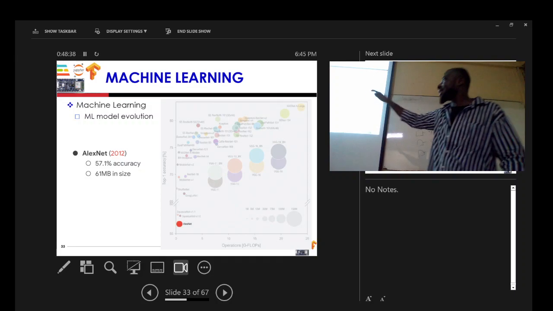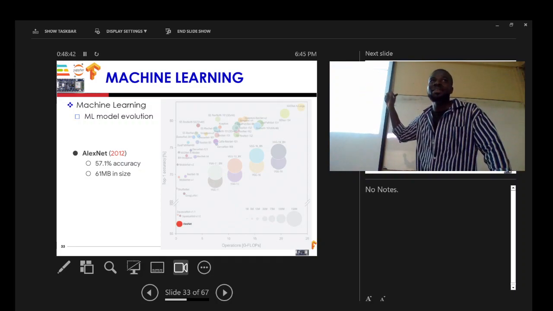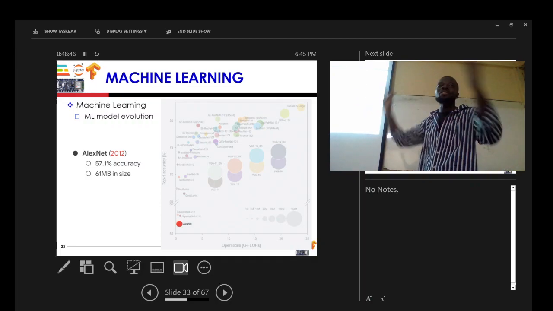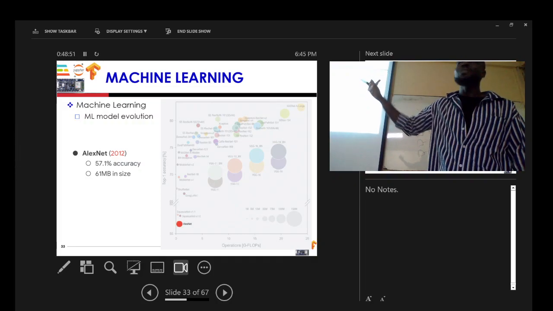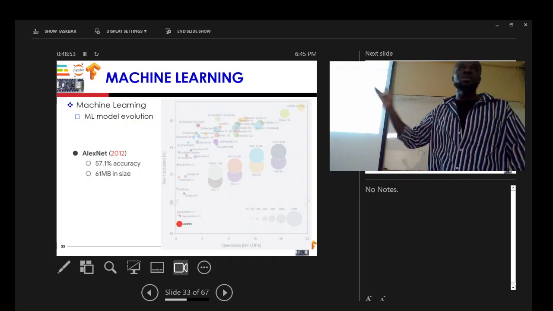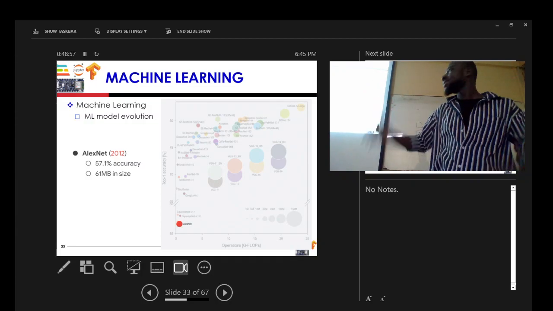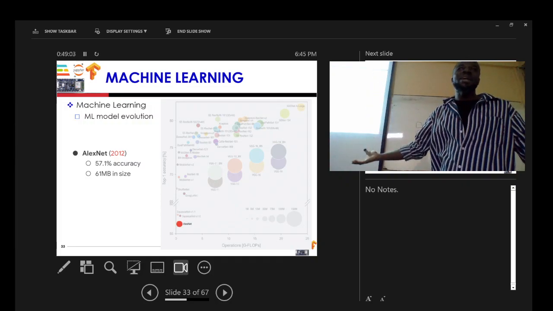AlexNet had an accuracy of 57.1%, and the size of the model was 61 megabytes. In today's world, we are looking for accuracy of about 90%. If you design an algorithm with accuracy of 57%, you have failed. Your algorithm is not really that accurate, right?